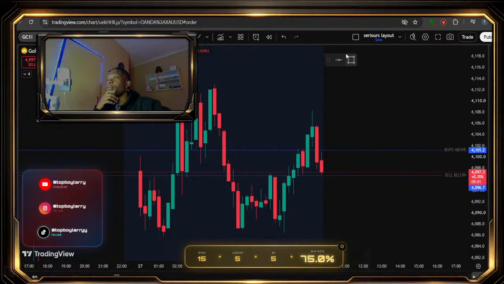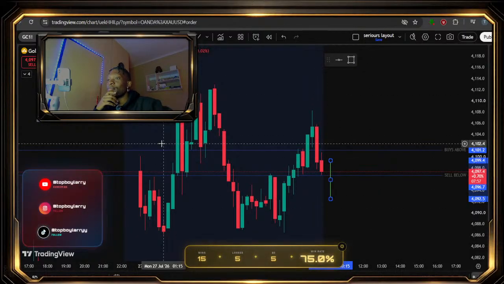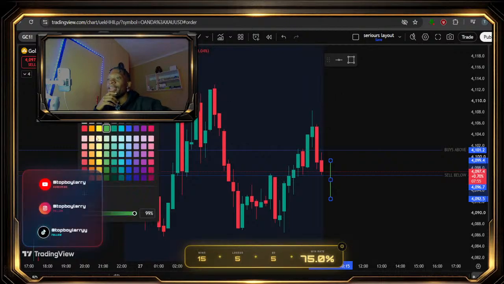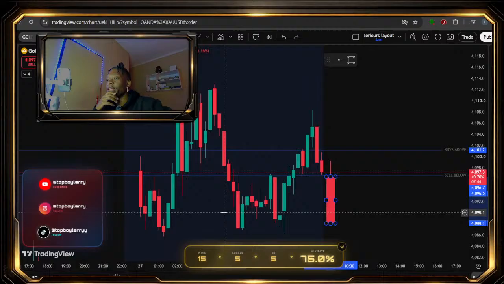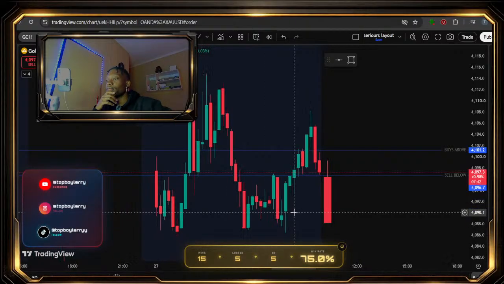So this will be the move for me, guys. If price decides to push here, if price decides to push without me, then I will just let the market do its thing here. I'm not interested in taking a move if price decides to push on this current candle. If price decides to push alone here, then I'm not interested.